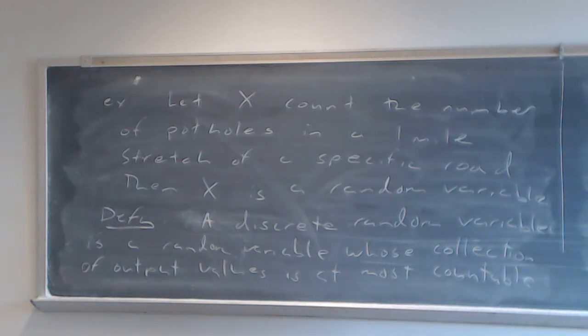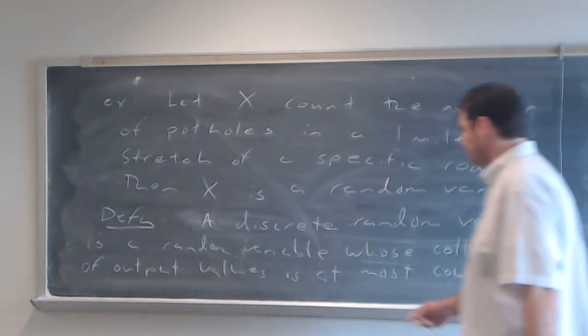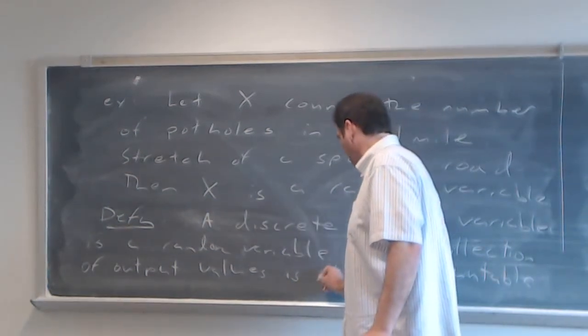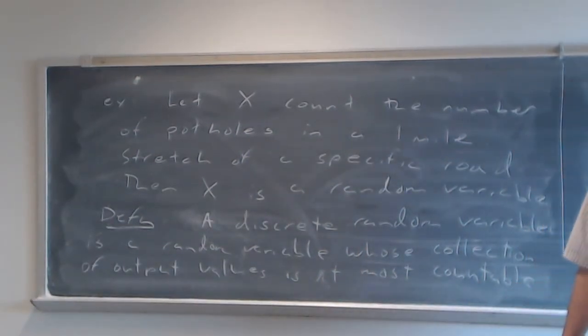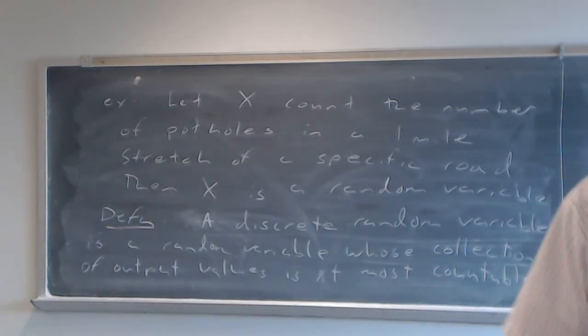So what does countable mean? Countable means that it has the same number of elements as the set of natural numbers. So at most countable means that the number of output values for a discrete random variable has got to be less than or equal to the number of natural numbers.